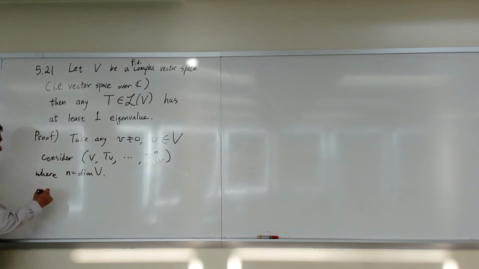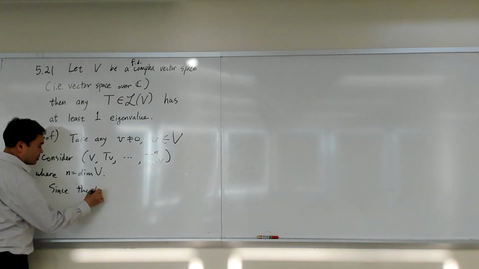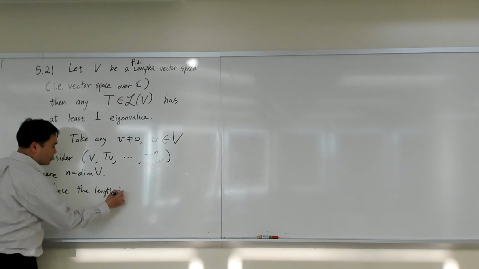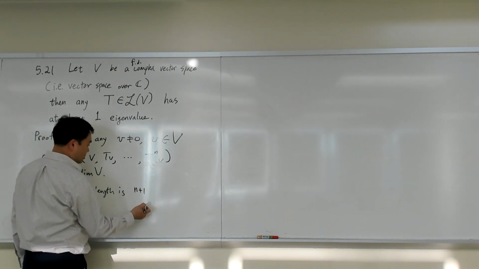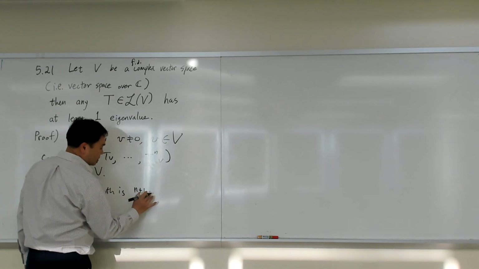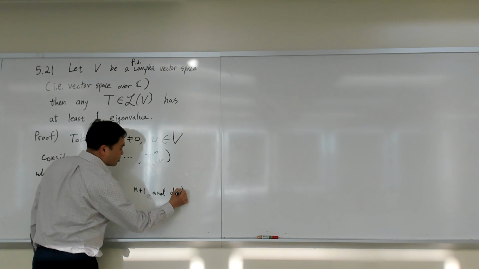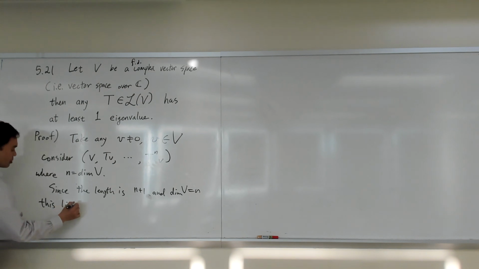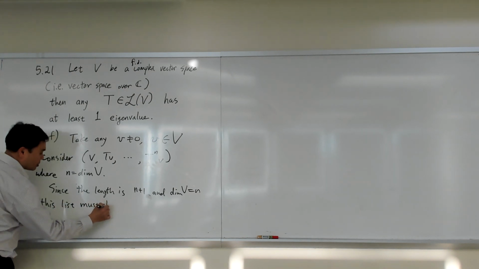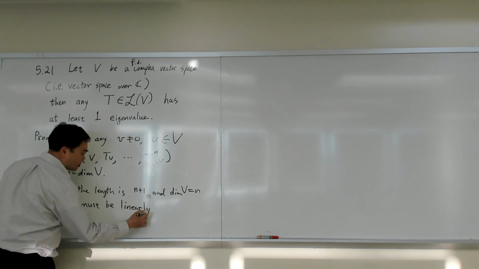Okay. Since the length is n plus 1 and the dimension of V is n, this list must be linearly dependent.